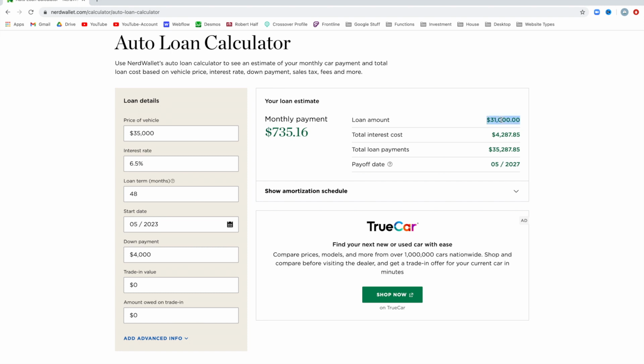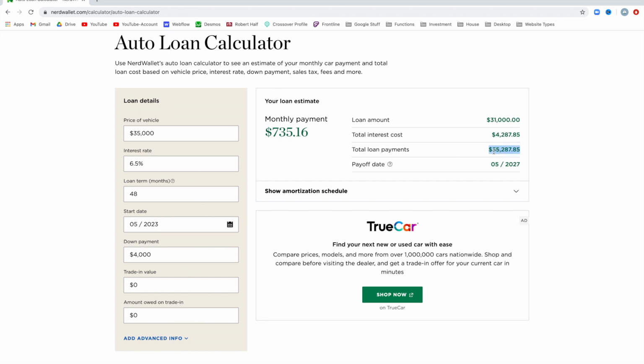So our loan amount, US Bank loaned us $31,000 because we paid $4,000. So 35,000 minus 4,000 is 31,000. Our total interest cost, so the money US Bank is making off of us, they made $4,287 in interest off of us. And then the loan payment was going to be $31,000 plus that.